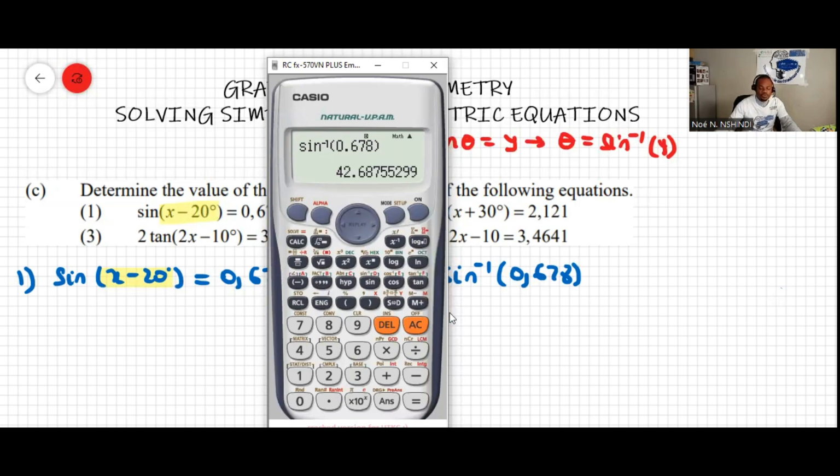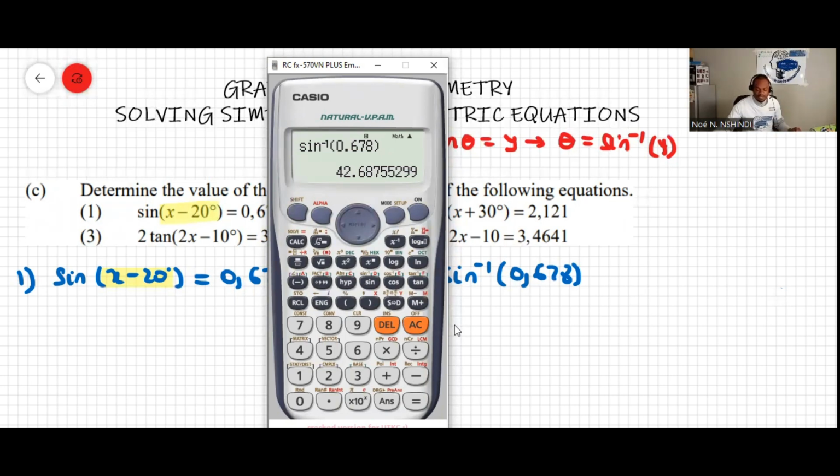That makes 42 point something. When they don't tell you a certain decimal place, understand that we need to stop at the second decimal place. Here, that means looking at the third decimal value. It's 7, and 7 is more than 5, meaning we need to increase this by 1 unit.